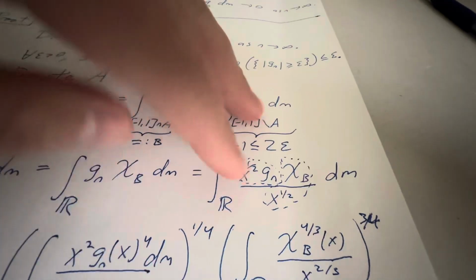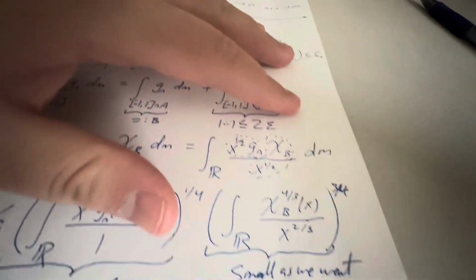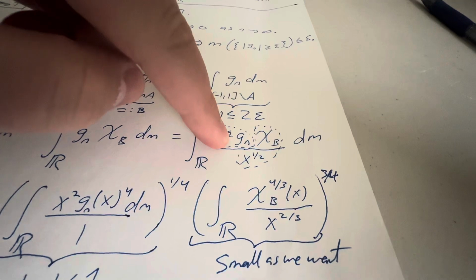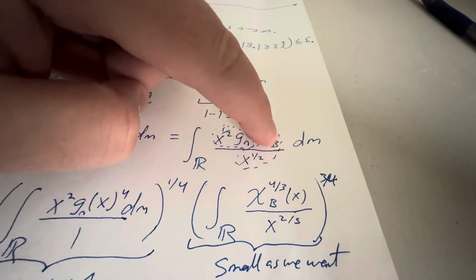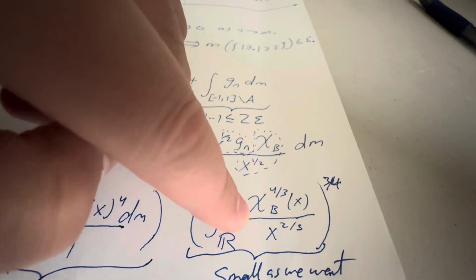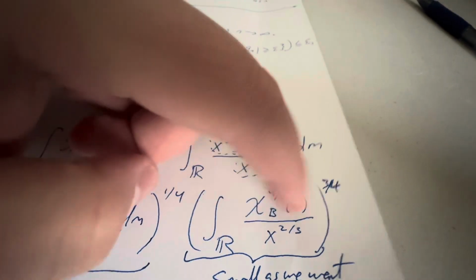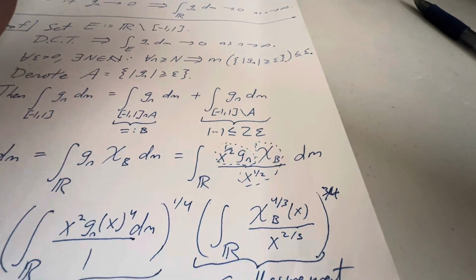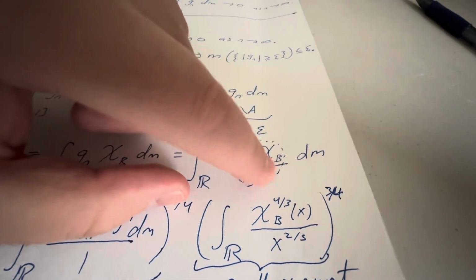And then if that's the 1/4 power, you can find the conjugate exponent. If I'm raising this guy to the 4th power, I'm going to raise this guy to the 4/3 power, which shows up here, which means that the conjugate exponent up here is 3/4, because I want 1/4 and 3/4 to give me 1.